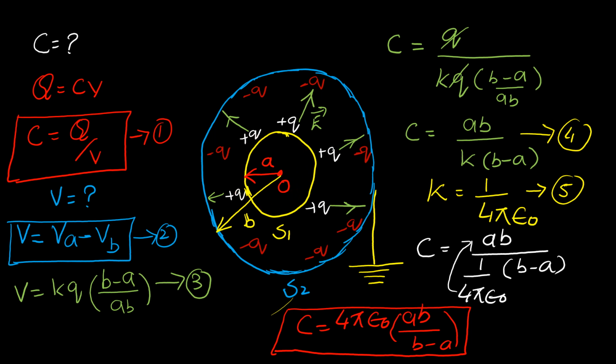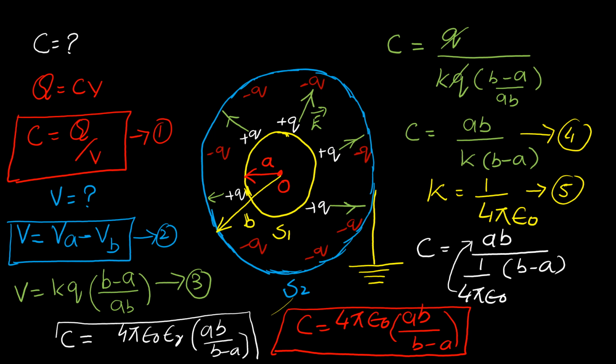In such a case, the capacitance of the capacitor will be 4 pi epsilon naught into epsilon r, the relative permittivity, and AB divided by B minus A. So the equation for the capacitance will change if a dielectric medium is present between the two spherical plates.